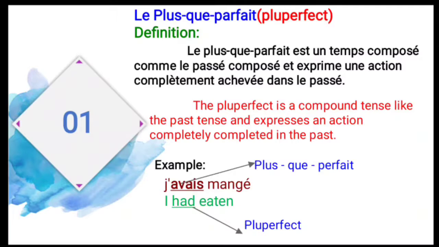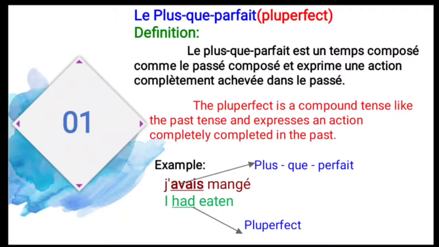The definition is: le plus-que-parfait est un temps passé comme le passé composé, et exprime une action complètement achevée dans le passé. So the pluperfect is a compound tense, like the past tense, and it expresses an action completed in the past.